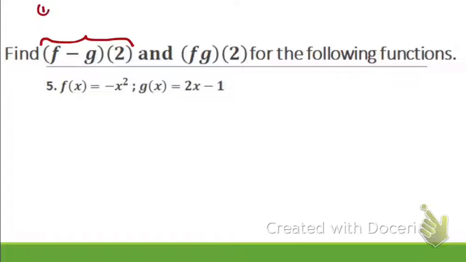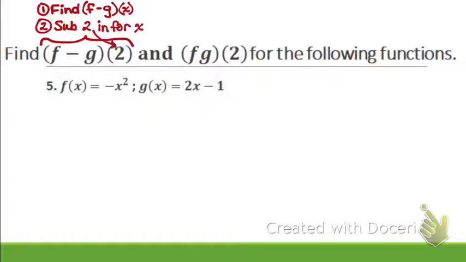So the first thing we're going to do is find the difference. So we're going to find f minus g of x. And then we will substitute 2 in for x. Of course, 2 coming from this right here.